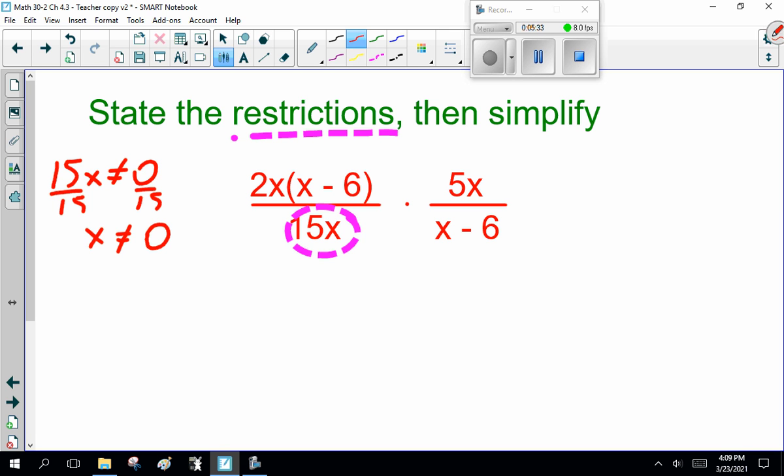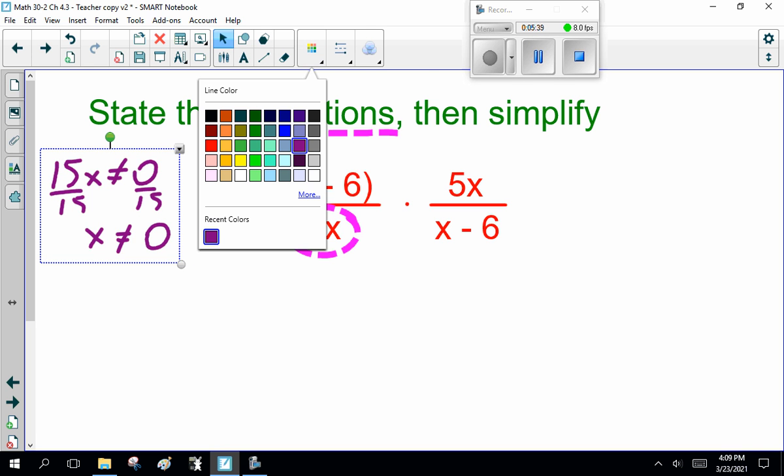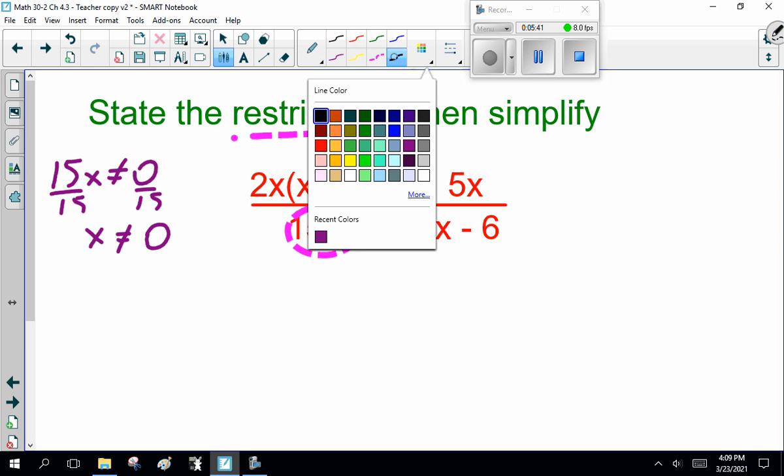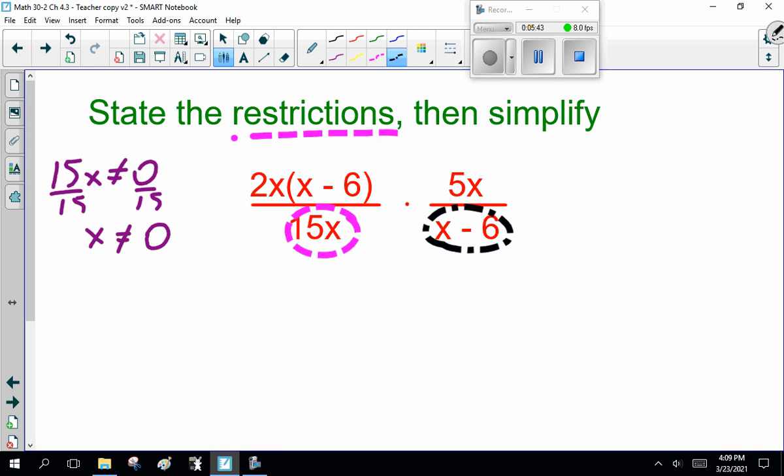So that's one restriction. The other restriction, my other denominator, is x minus 6, which can't equal 0. So x minus 6 cannot equal 0. Add 6 to both sides. x cannot equal 6. So I have two restrictions here.